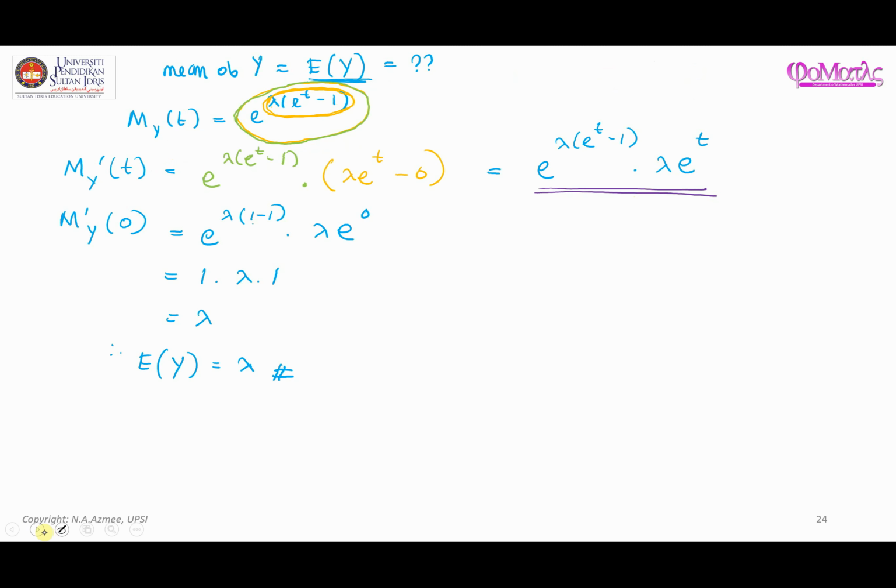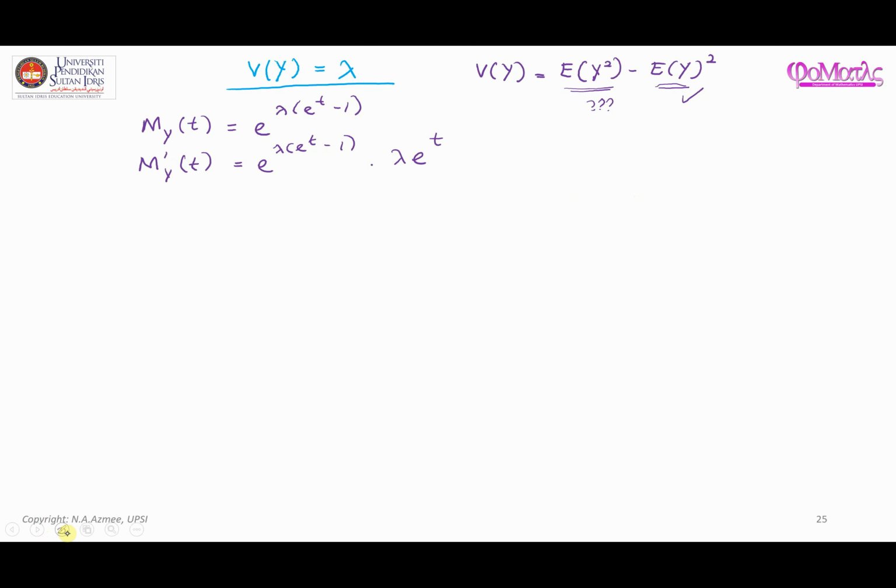That is the first derivative. But since we need to find the expected value of Y squared, you have to find the second derivative. The second derivative can be obtained by differentiating this function here.